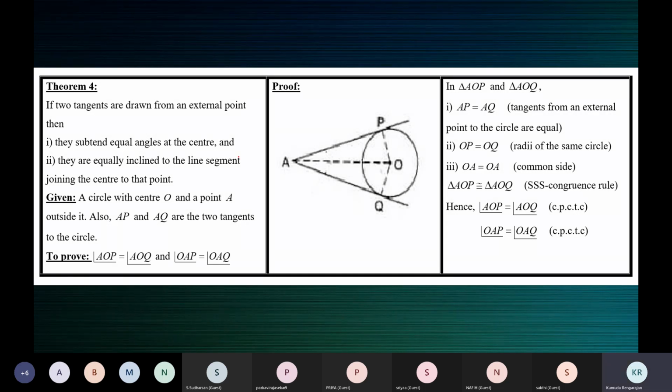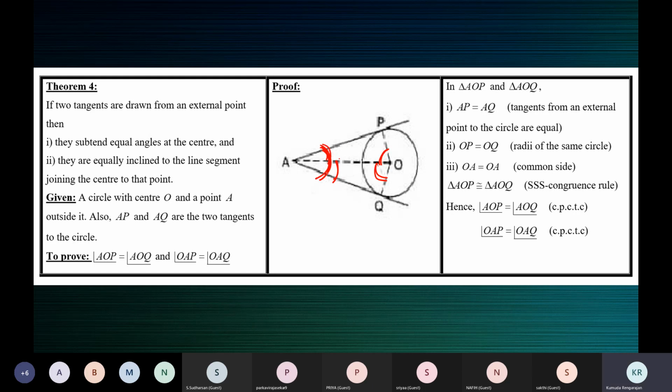In this theorem, we understand that these two angles are equal, and these two angles are equal. They subtend equal angles at the center, and they're equally inclined to the line segment joining the center and the external point.